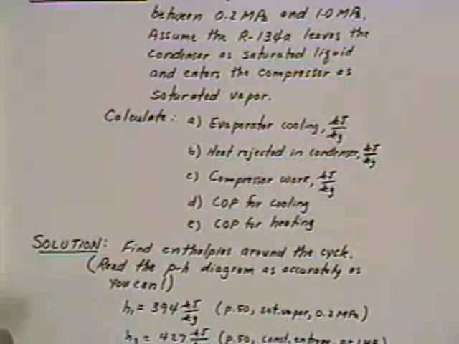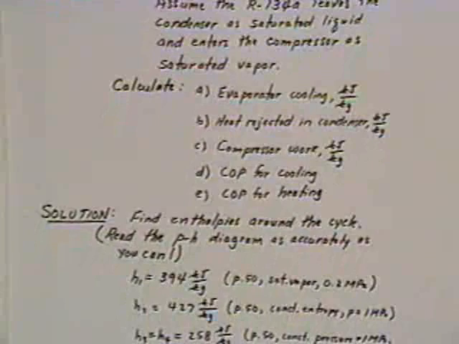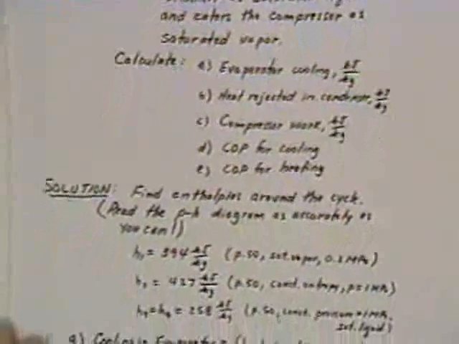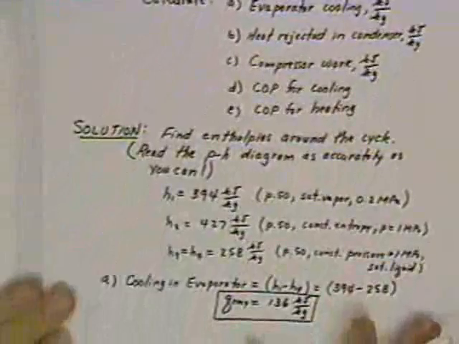So in order to do this analysis now, we went through the theoretical analysis for a Carnot refrigeration cycle, but this is going to be a real cycle now. So when we go through a real cycle using refrigerants, we've got to determine the enthalpies around the cycle.